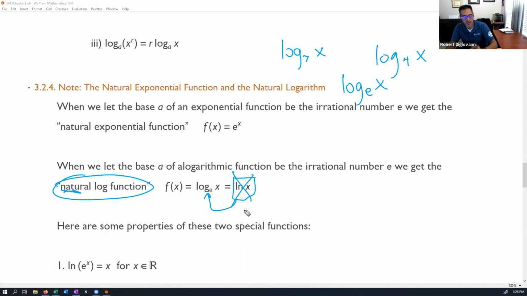Don't write this. Historically, though, the reason is because back before computers, when people were doing a lot of research in different sciences, the natural logarithm function came up so many times that you might be writing a paper where you have to put that natural log in there maybe 20,000 times. We're talking about scientific research, right?